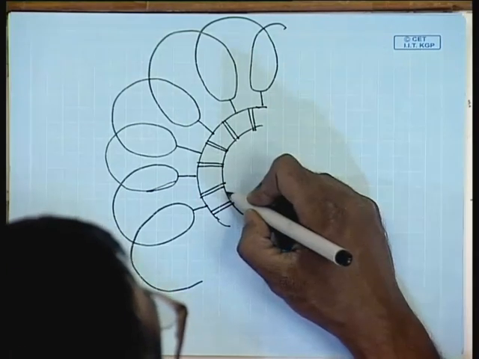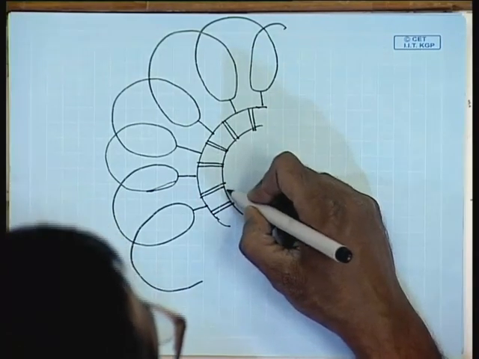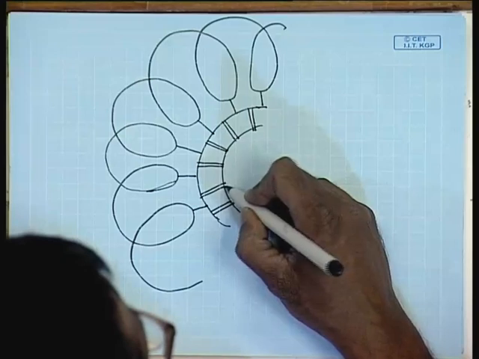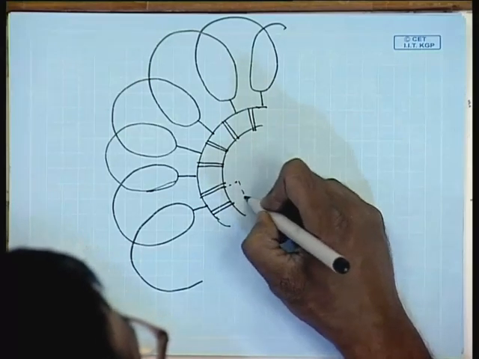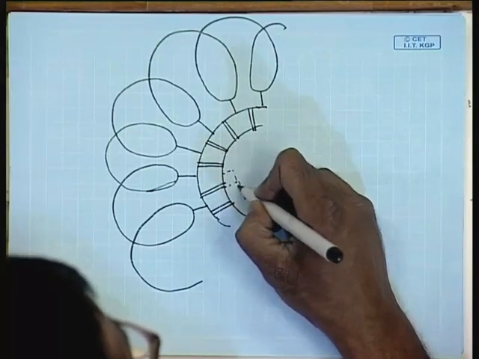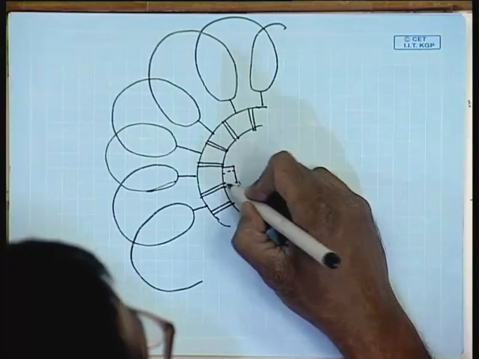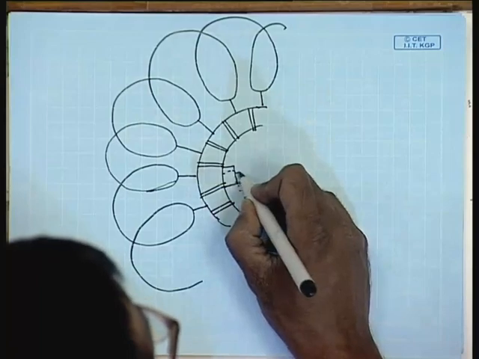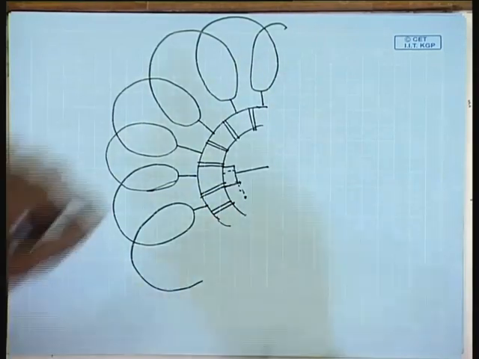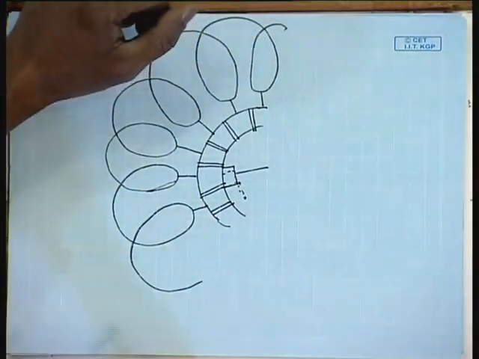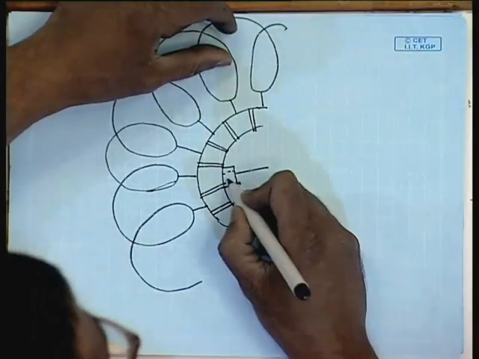previously the commutator was on this segment, next it has shorted these two as it is rotating, and finally it will arrive in this. Now, what will be the direction of the current?